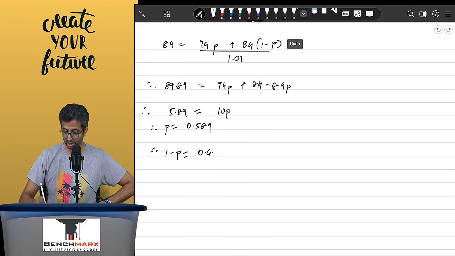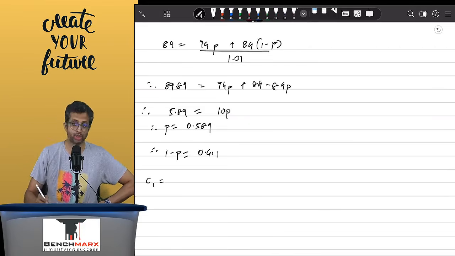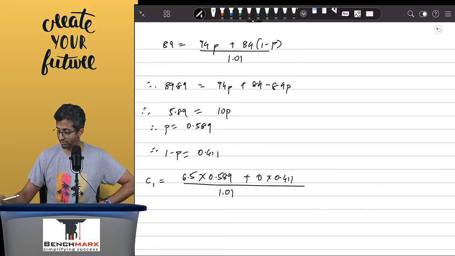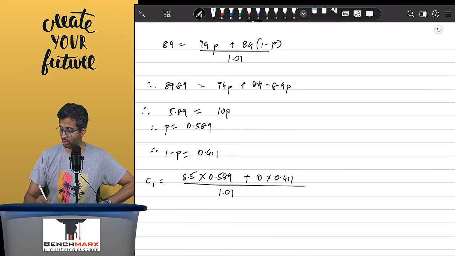So over here these are the probabilities, and if I were to find the value of the call option at year 1, I would say that 6.5 there is a chance of 0.589 that this event will happen, and 0 there is a chance of 0.411 that event will happen. However, all of this will happen after 3 months, and hence if I do 6.5 into 0.589 plus 0, this is 3.83 approximately, divided by 1.01, and you get 3.79.